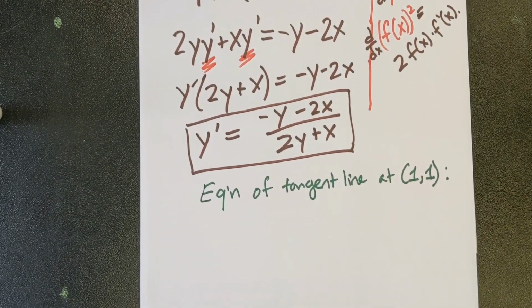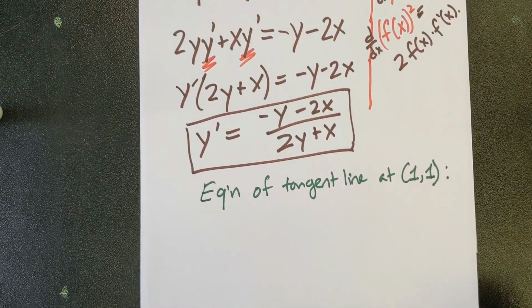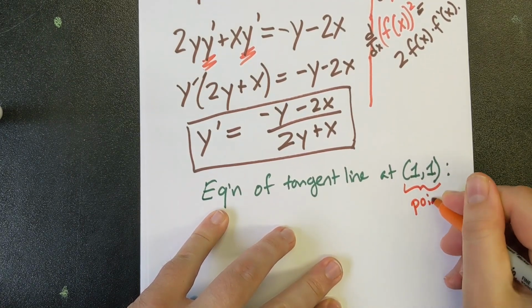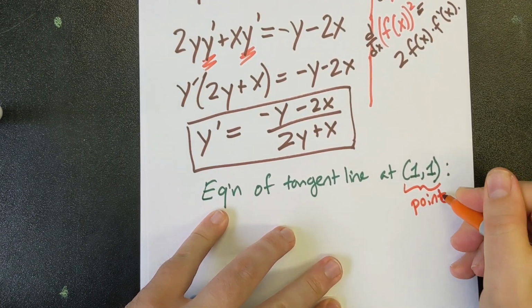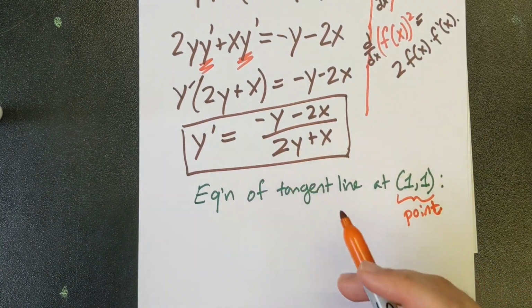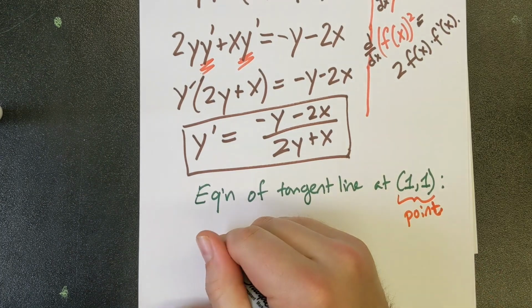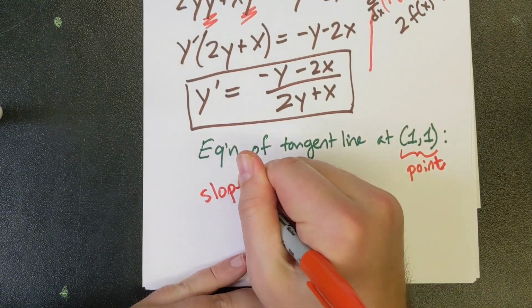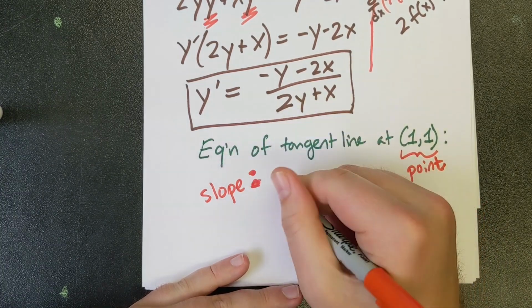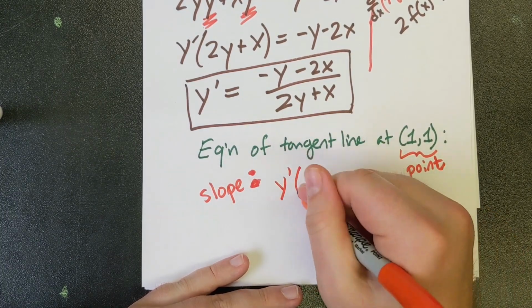Well, I already have one piece of information about this tangent line. I already know it has to pass through the point 1, 1. So what else do we know about this tangent line? Well, we also know that the slope of the tangent line is going to be the y prime value. Like, what is the slope? Well, the slope is just whatever y prime is at 1, 1.